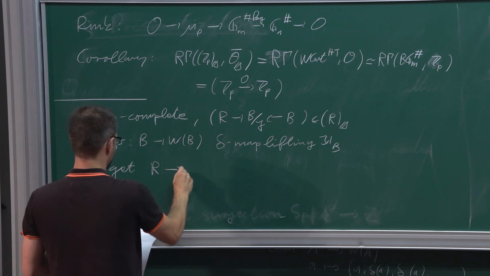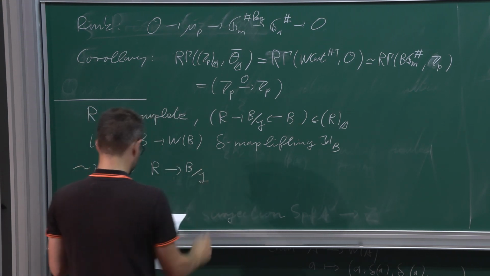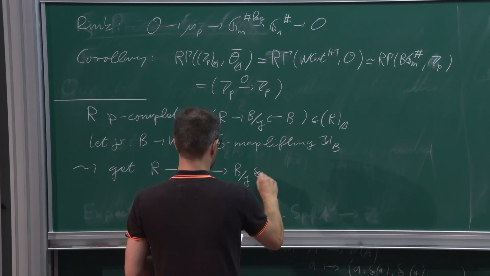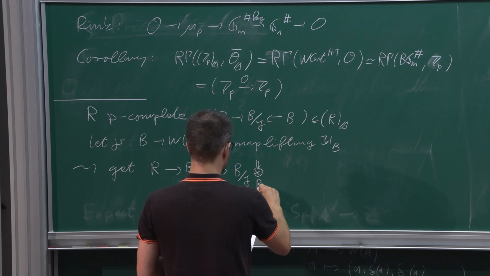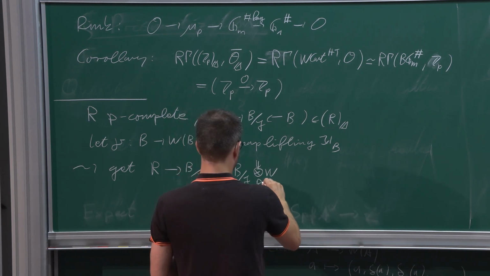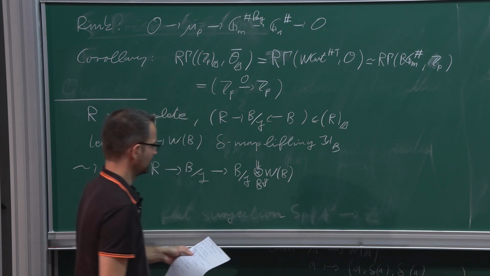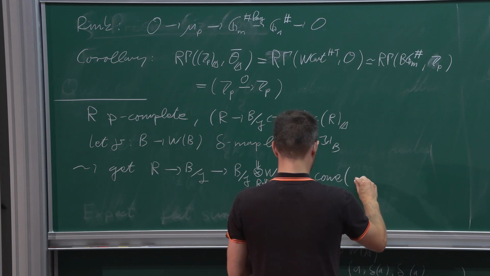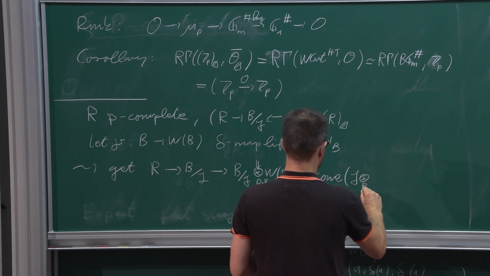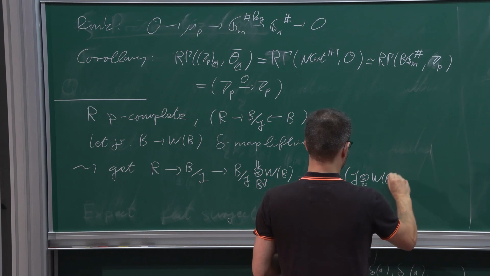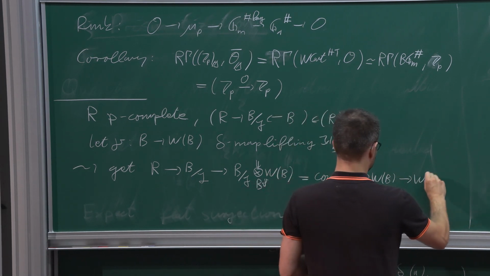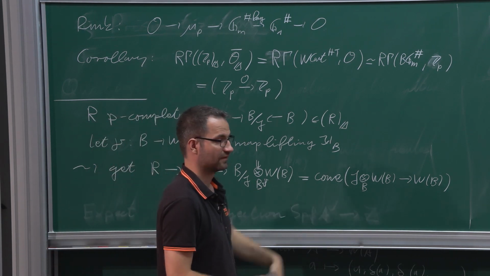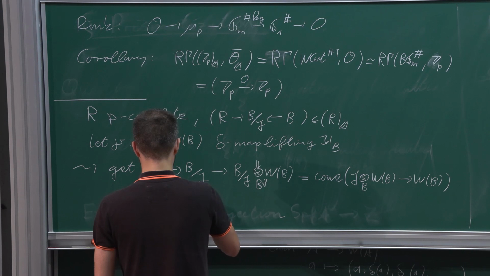By definition, we have a map from R to B mod J. And so B mod J maps to B mod J tensored derived over B via gamma with the Witt vectors of B. That is just the cone of the morphism J tensored with B with the Witt vectors of B. So we get a morphism from R to there, and that's actually a morphism of animated rings.